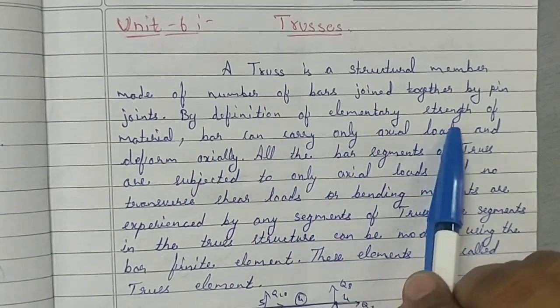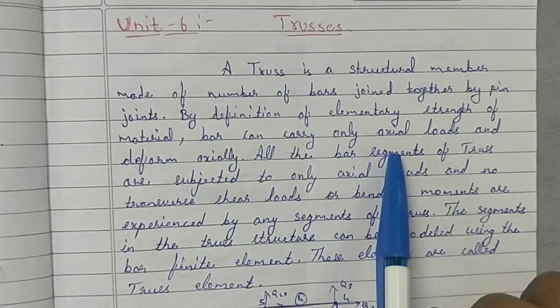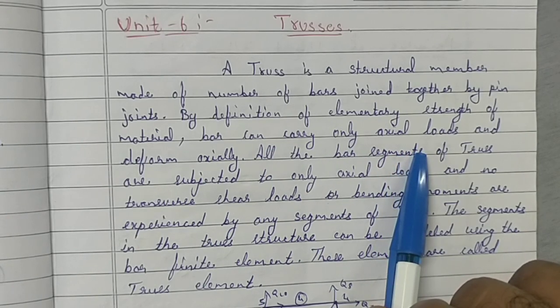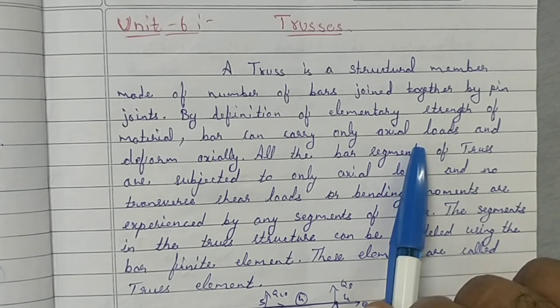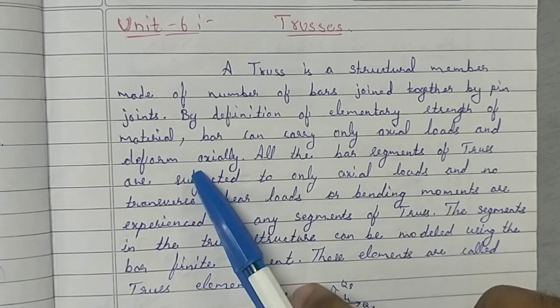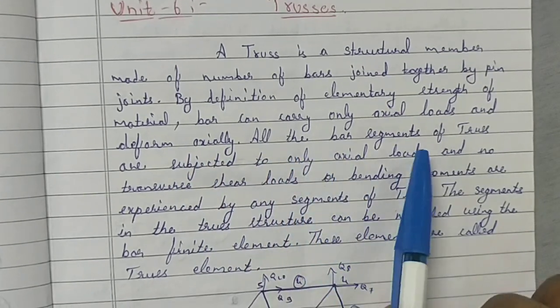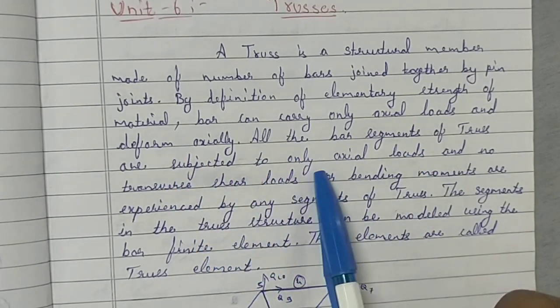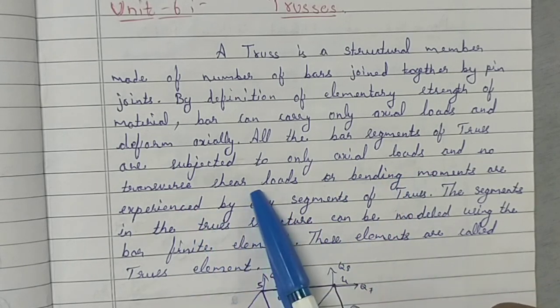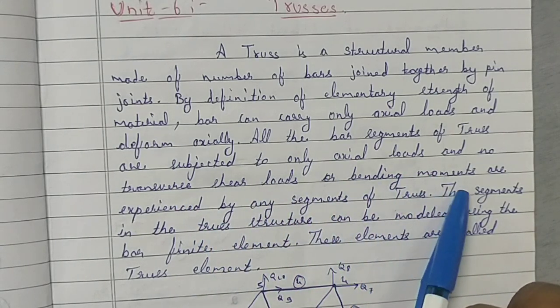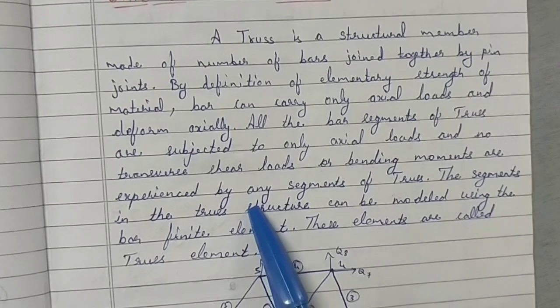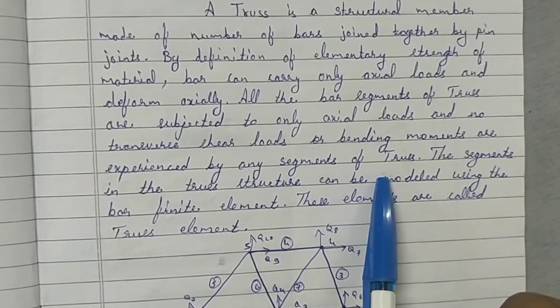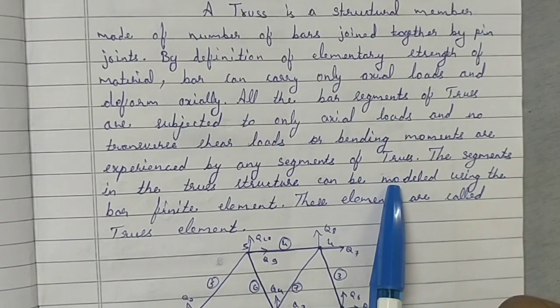By the definition of elementary strength of materials, a bar can carry only axial load. So this we know, that a bar can carry only axial loads and deform axially. All the bar segments of a truss are subjected to only axial loads, and no transverse shear loads or bending moments are experienced by any segment of the truss. So this is the condition for the truss.